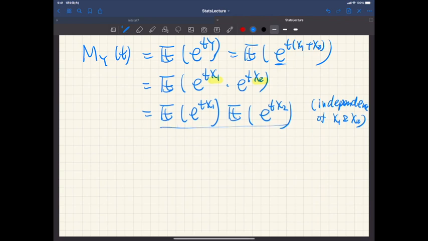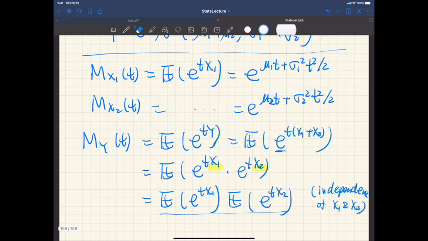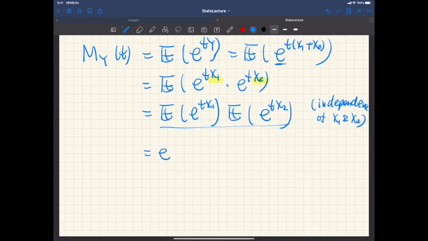Now we know these functions, right? From here. So that's the expectation value, exponential of mu1 t plus sigma 1 squared t squared over 2 times exponential of mu2 t plus sigma 2 squared t squared over 2.